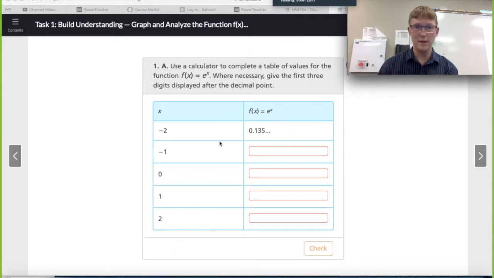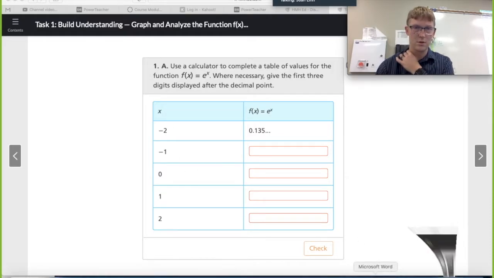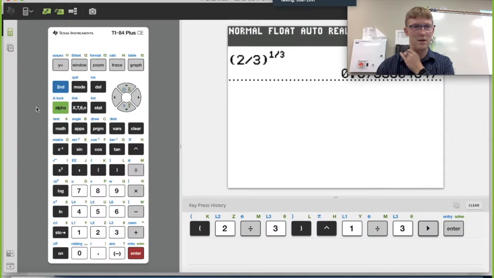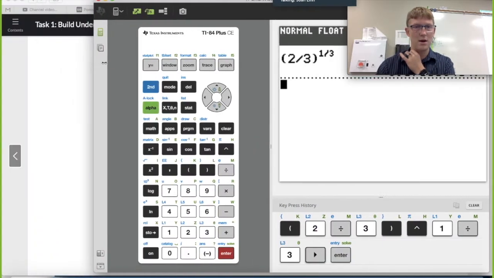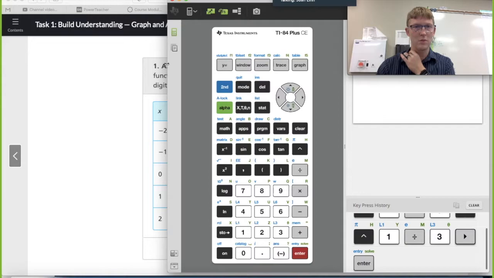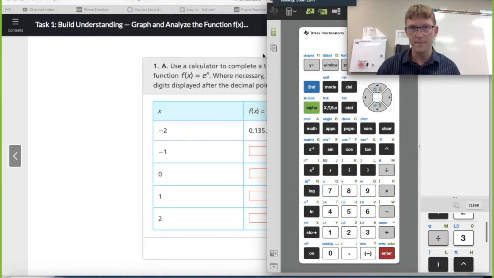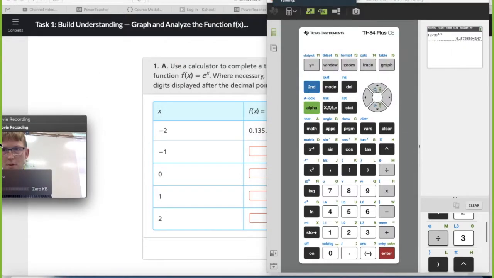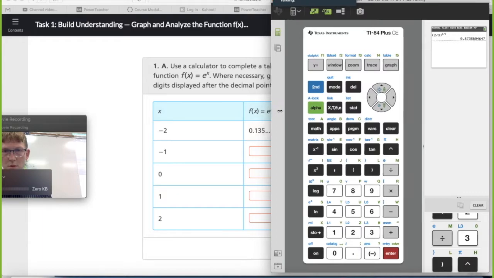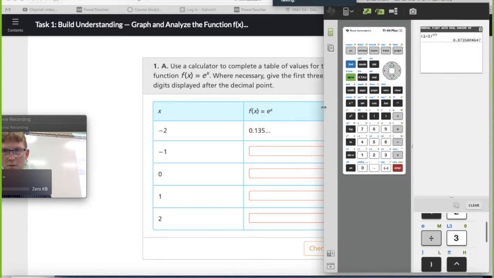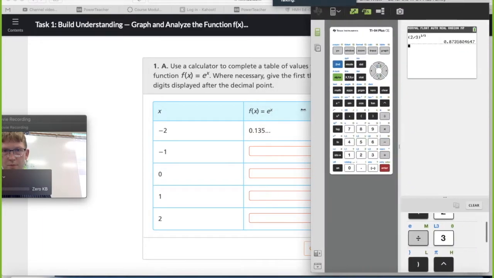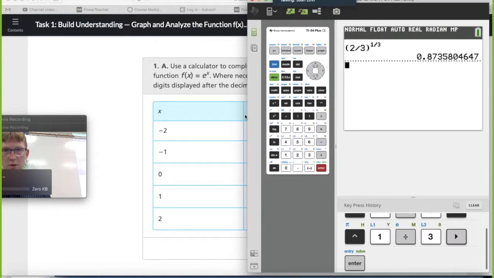So we can use a calculator. Let's see here, it just wants us to fill out this table. I'm going to make my calculator a little bit smaller. So we'll start with this.